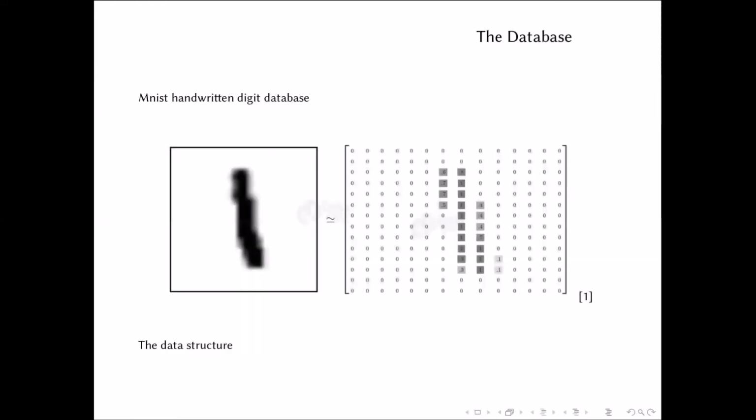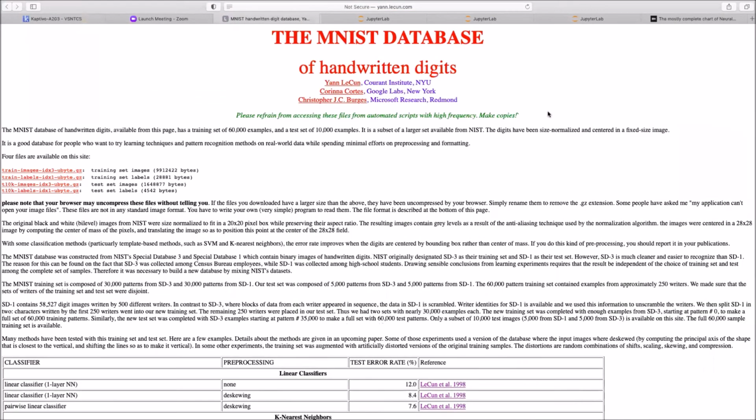But before that, I just want to take you to look at our data, our database. This website is where we download our data. It was created by these people, who collected so many handwritten digit images. Here you can download those files.